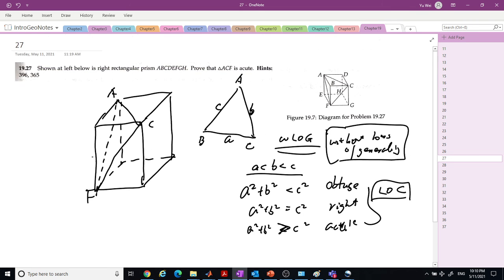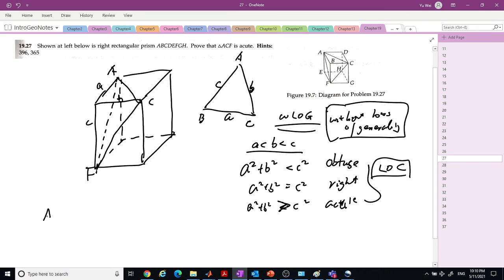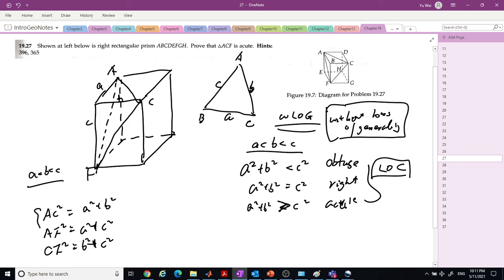Now let's parameterize this. Let the three perpendicular edges be A, B, C, with A less than B less than C. Then AC squared is A squared plus B squared, AF squared is A squared plus C squared, and CF squared is B squared plus C squared.